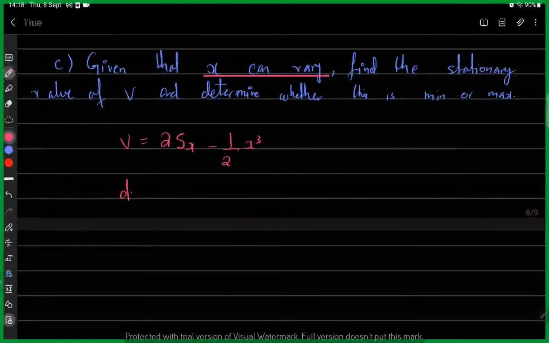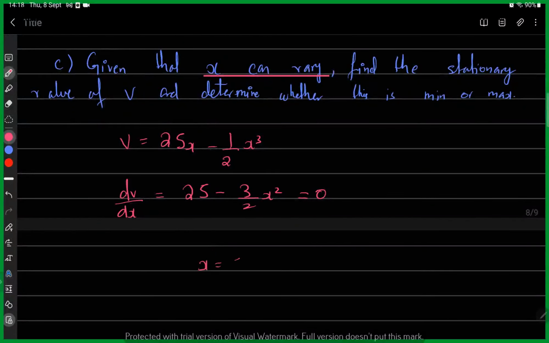So dV by dx is going to be 25 minus 3 by 2 x squared. And in order to find the stationary values, we need to equate this to 0. And this is going to give you x equals 5 root 6 by 3. You can just make x the subject here.